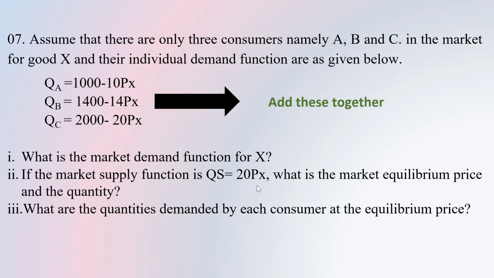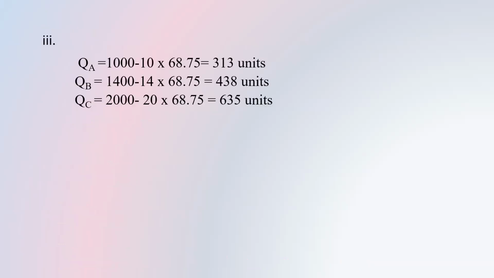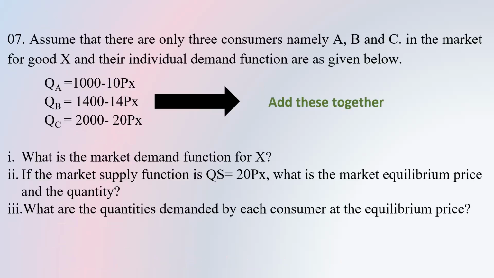QS equation එක දීලා තිනවා 20යි px කියලා. එතකොට මේ 4400 ඍණ 44යි px 20යි x වලින් equalize කරපුවාම then we can calculate the px. Price of x is equals to 68.75 and the price of equilibrium quantity is equals to 1375, right?